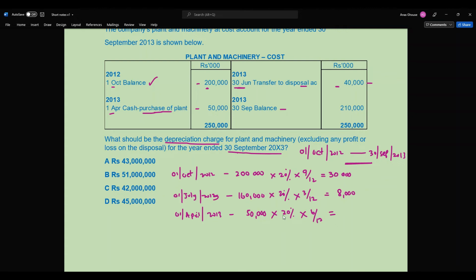So 20% of 50 is 10, half will be 5 million. If you take the total, it's going to be 43 million. So the total depreciation charge from October till September is the total of these three, which is 43 million. Therefore the correct answer is answer A.